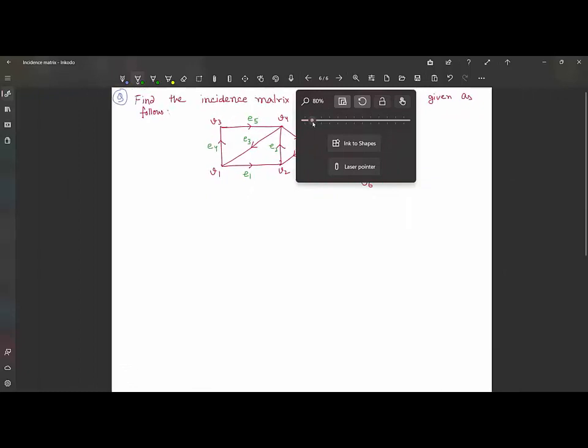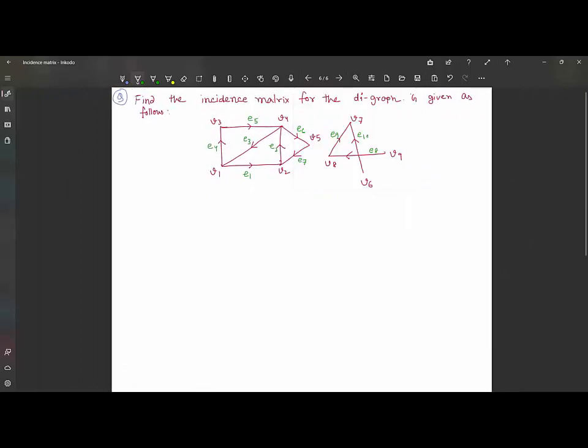So it will be a large matrix. Just start with the columns as the edges and the rows as the vertices, and then write down the values.